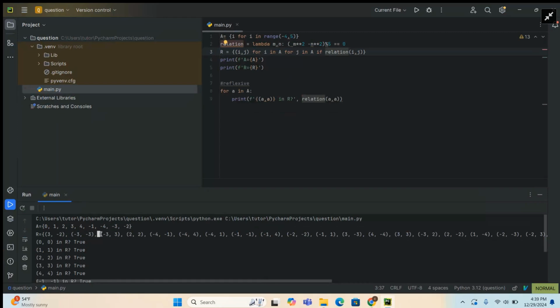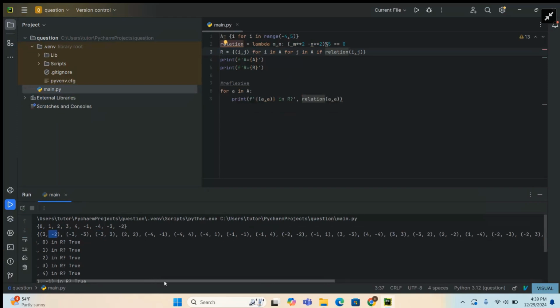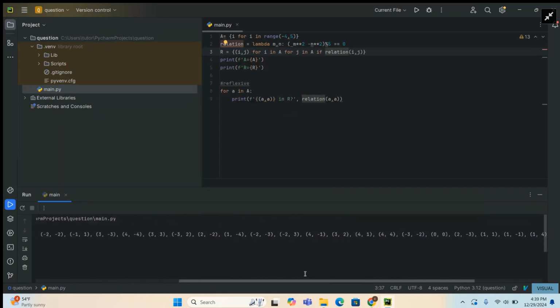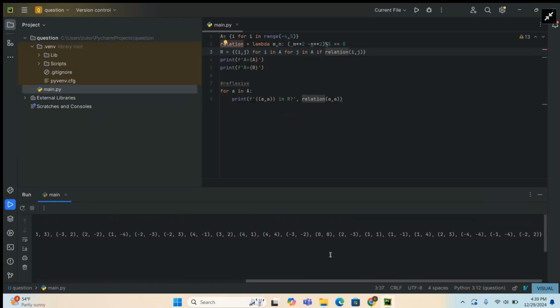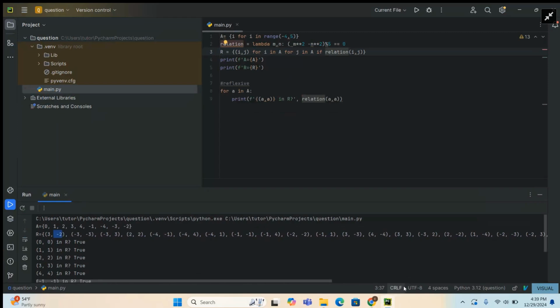I should be able to take this first one and this second one, and find a (-3, -2) somewhere here. And I'm sure we will be able to find it. Maybe (-3, -2). Yeah, right here.